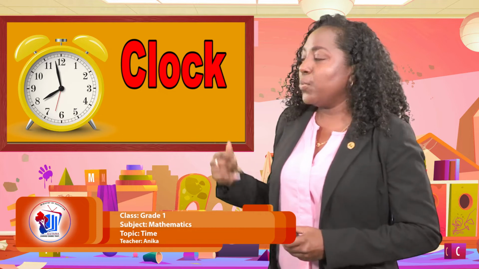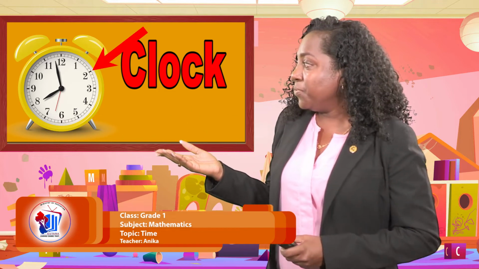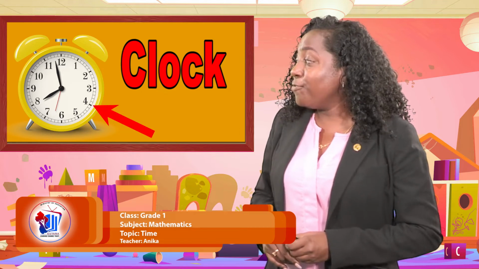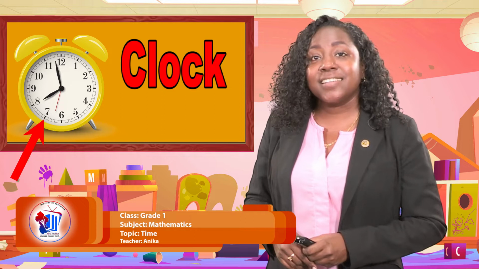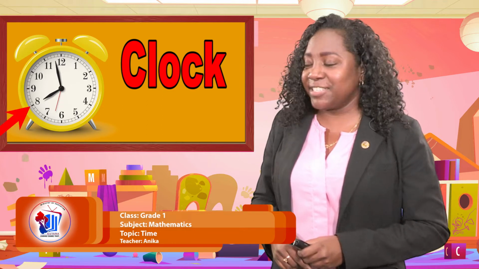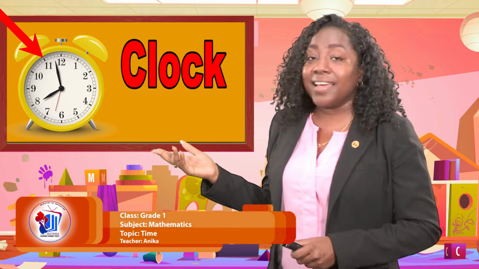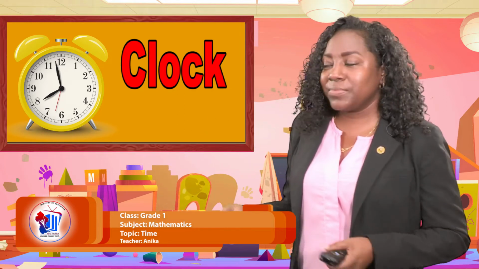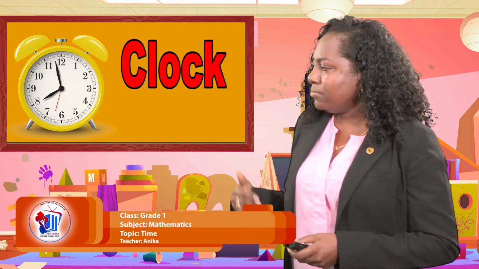If we look here, we can see those numbers. 1, 2, 3, 4, 5, 6, 7, 8, 9, 10, 11, and 12. So we can see that this clock has 12 numbers.